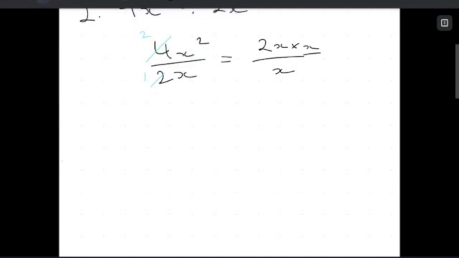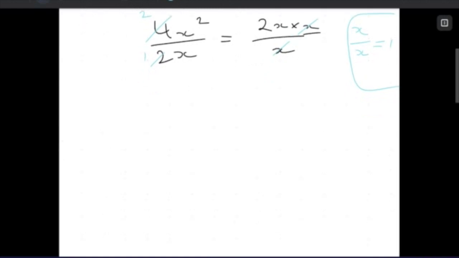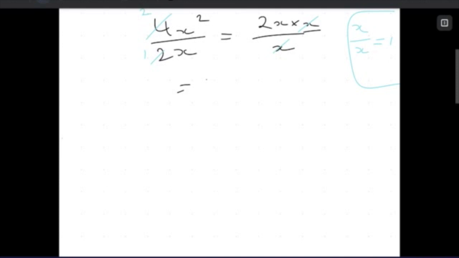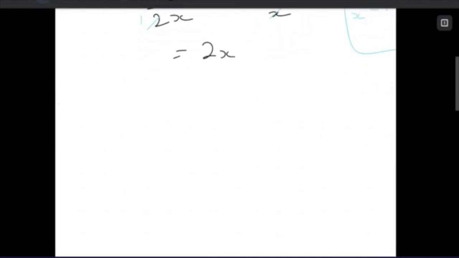So I actually have a common factor of x top and bottom, so I can cancel off these terms. A little side note here: this is like saying 2x multiplied by x on top of x. Now, x on top of x is just any number, and any number over itself, when we divide it, gives us 1. So that's why we can cancel off these things here, and once the x's cancel, this simplifies to 2x.